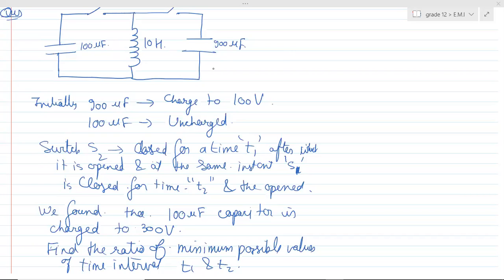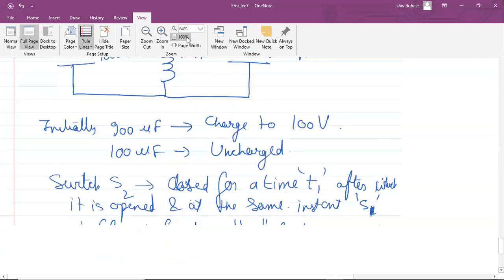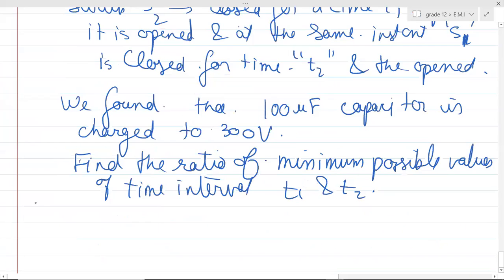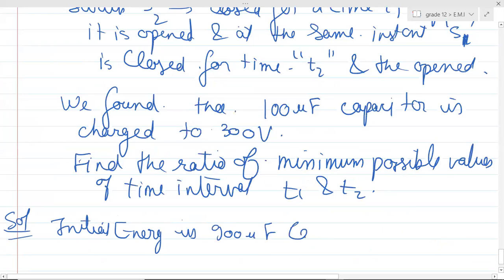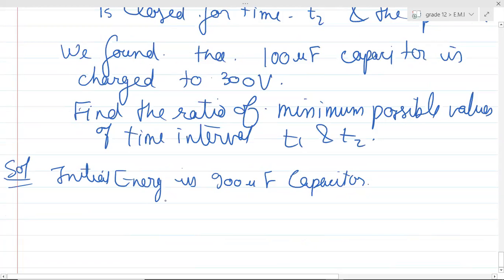See, what is the initial energy in the 900 microfarad capacitor? Can you see it was charged to 100 volts, right?